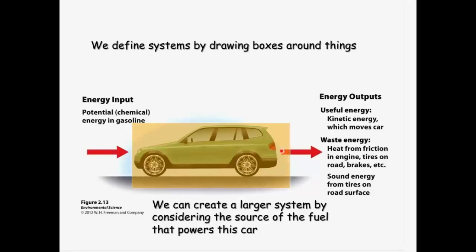And in the same sense, we can talk about outputs, such as what happens to the car when it's no longer useful and it has to get recycled or disposed of somehow. So again, the point is that we define the systems by drawing boxes around things. And sometimes one person's analysis of an environmental question can come out very differently because he or she defined the system differently. So those are the kinds of things that we need to be thinking about.